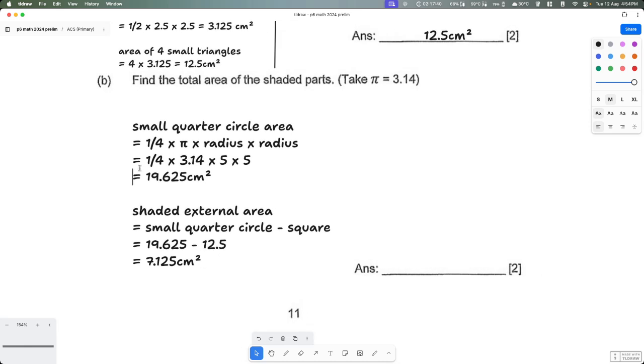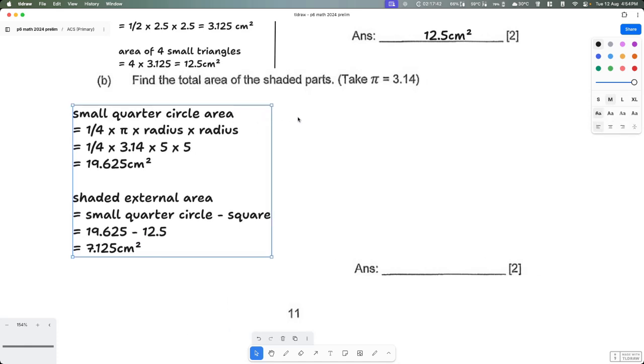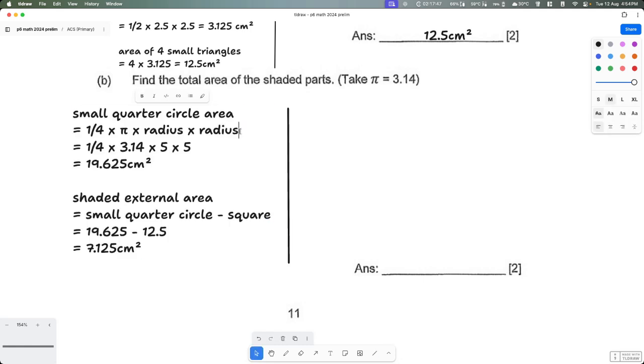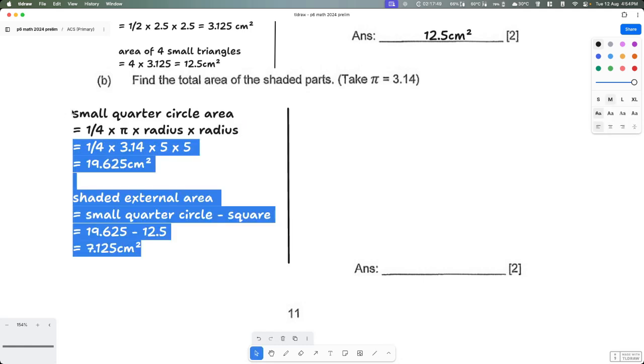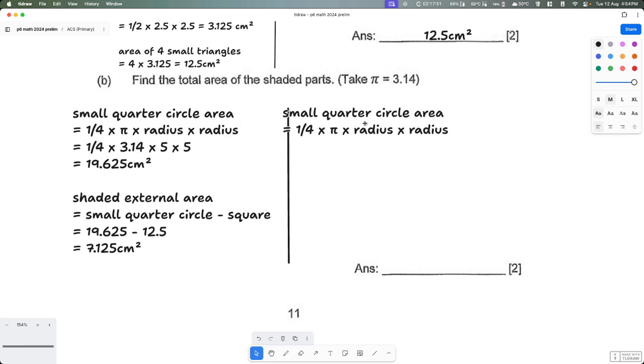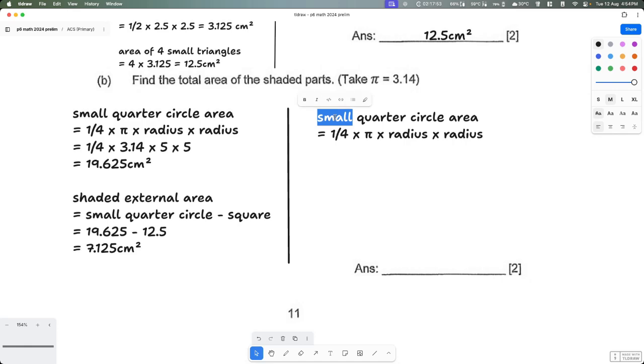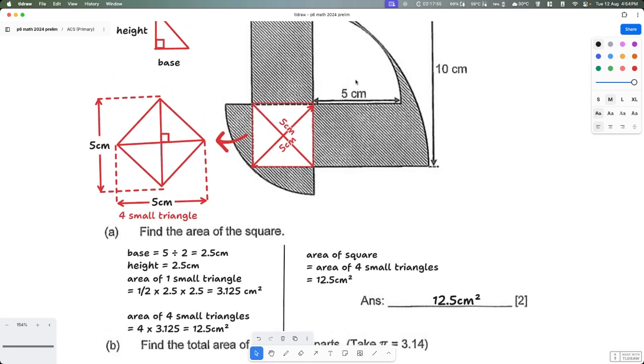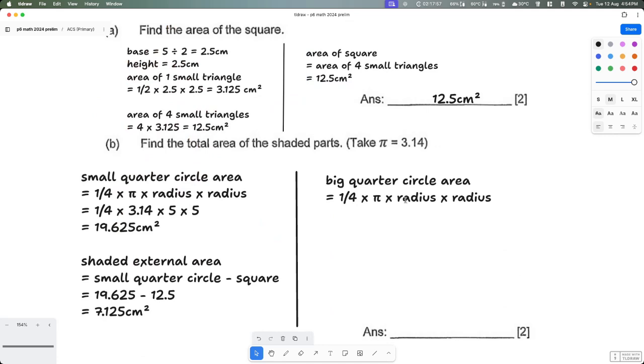Then let's move to the next one, which is the big one. I'm just going to copy this whole thing. This will be the big quarter circle, quarter times pi times radius squared.